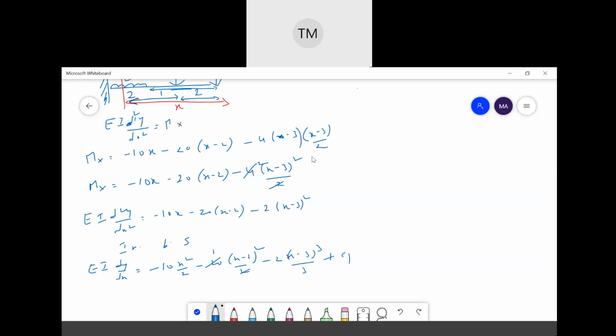Here it is 2 tens, 2 fives. Simplify this.